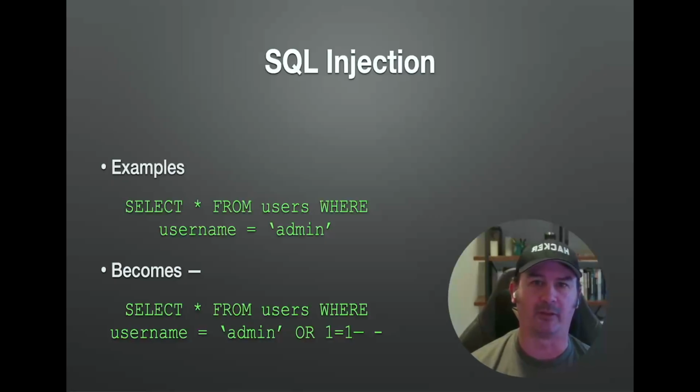Essentially, this is saying, give me all the information from the users table where the username is admin or true. So what it does in effect is give you all of the user information.